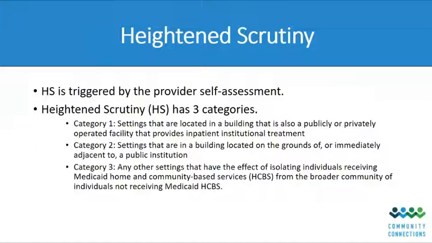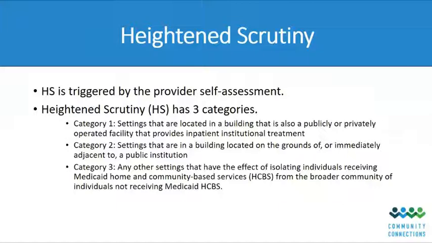Category 1 is settings that are located in a building that is also a publicly or privately operated facility that provides inpatient institutional treatment. Category 2 are settings that are in a building located on the grounds of or immediately adjacent to a public institution. A public institution is defined as it is in Category 1.